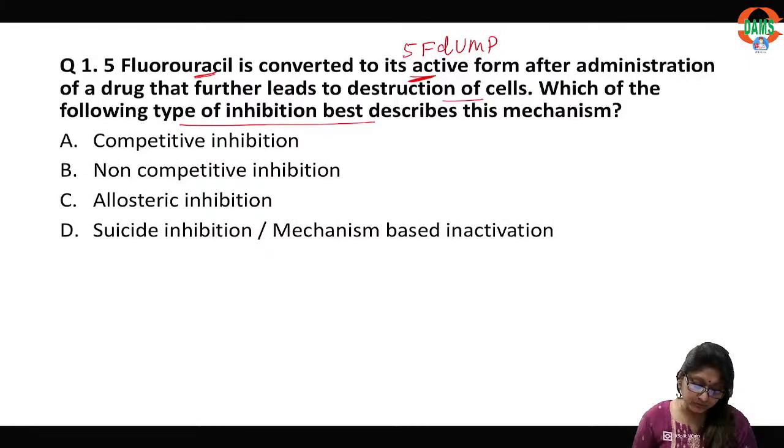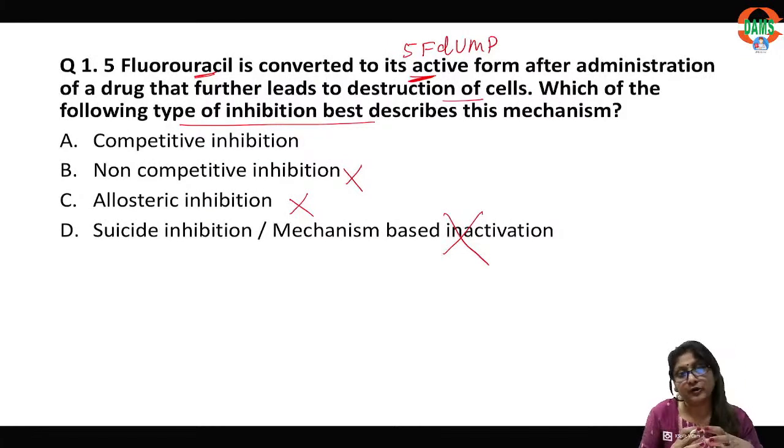It is not mechanism-based inactivation, because the action of thymidylate synthase is not utilized to convert 5-fluorouracil to 5-fluorodeoxy-UMP. It is not non-competitive, and it is not allosteric inhibition. It is the formation of an irreversible complex which inactivates the enzyme.